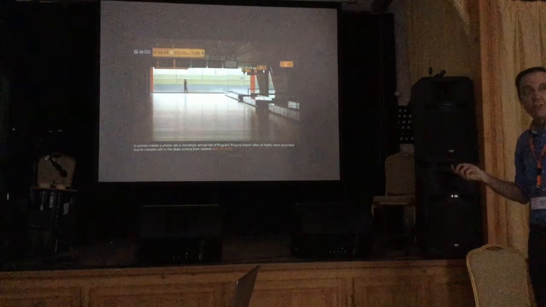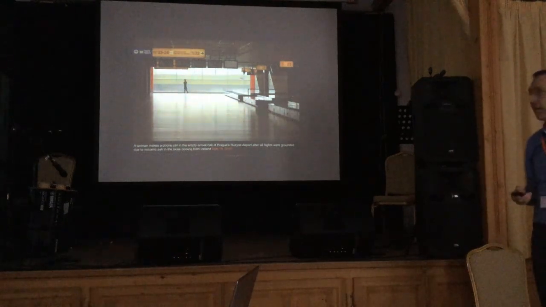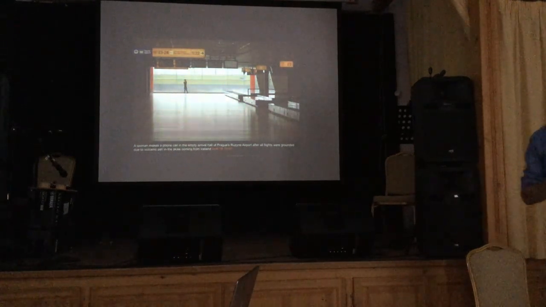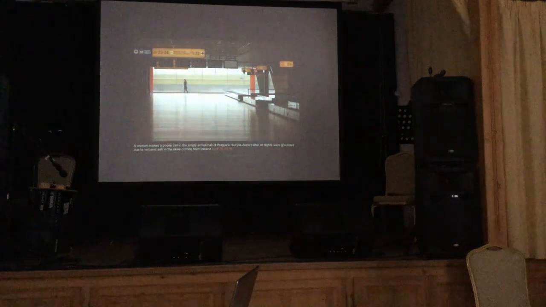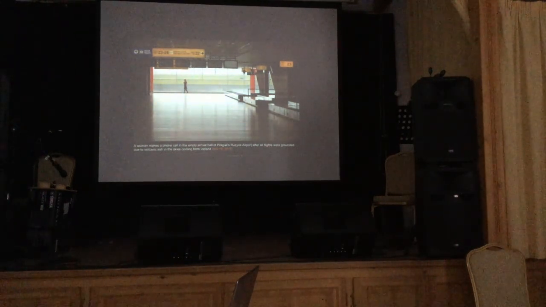This is a nice image of the Prague airport a few days after the eruption. You see the airport, and probably you remember that a lot of airports were closed in Europe; it was completely a collapse of transportation. And so this was an incredible economic loss of money.